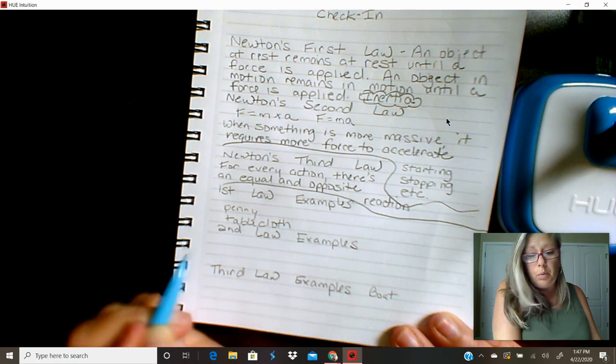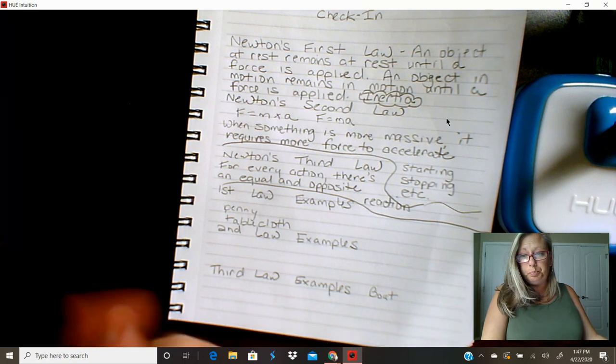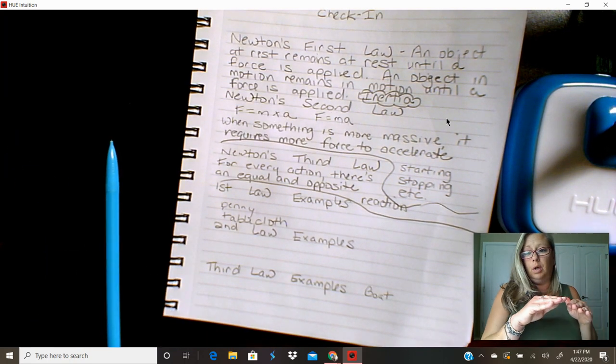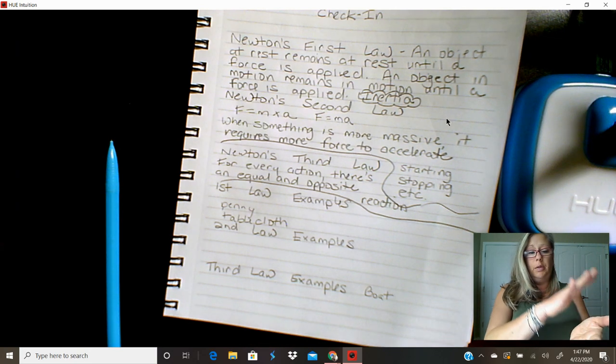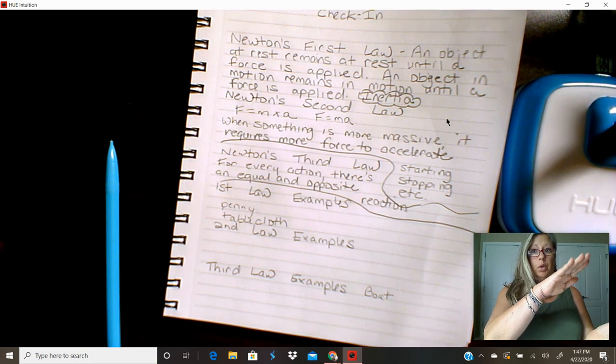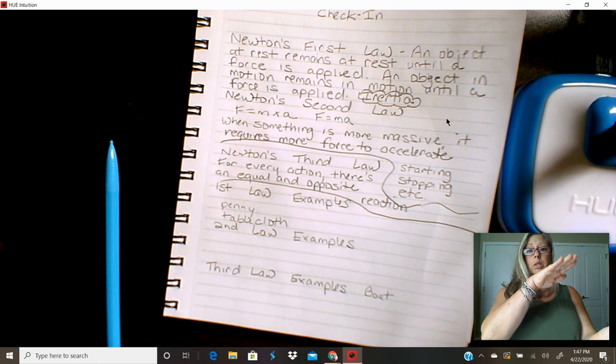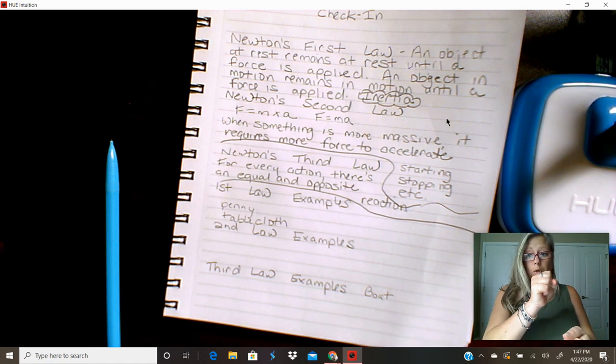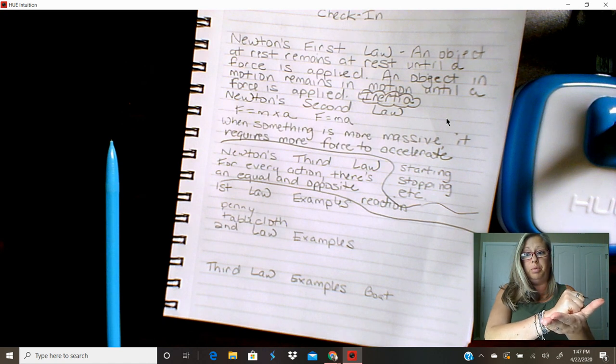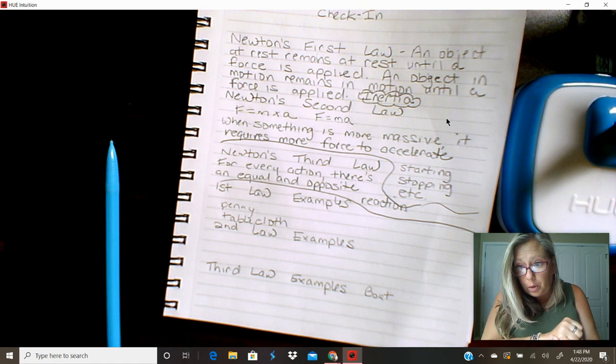But then also remember how I talked about a car accident and how if you're driving along and the person who is driving applies the brakes, you're only applying force to the car. So you're stopping the car, but you in the car have not had the braking force applied to you, so you are going to keep doing what you were doing.